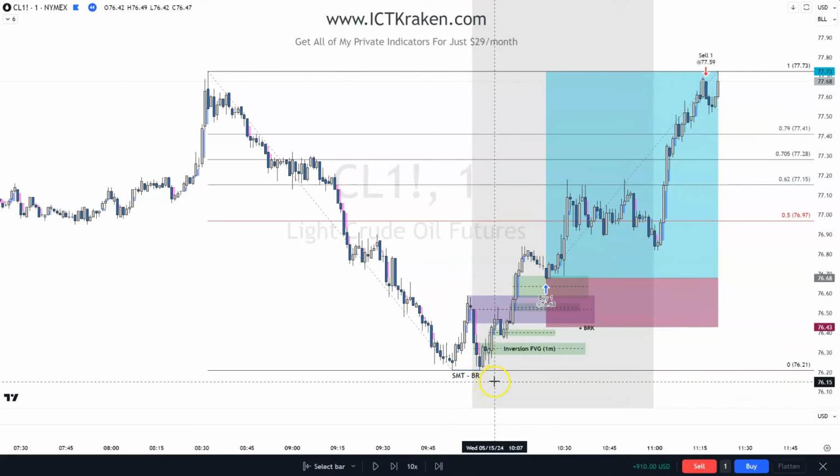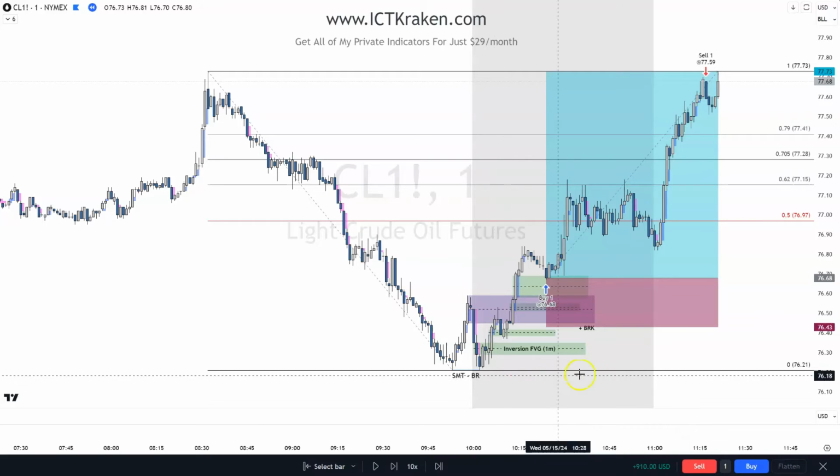When those two have SMT, to me, Brent crude is kind of like having SMT with YM and NQ. It works, but sometimes I don't trust it as well. You know what I mean?